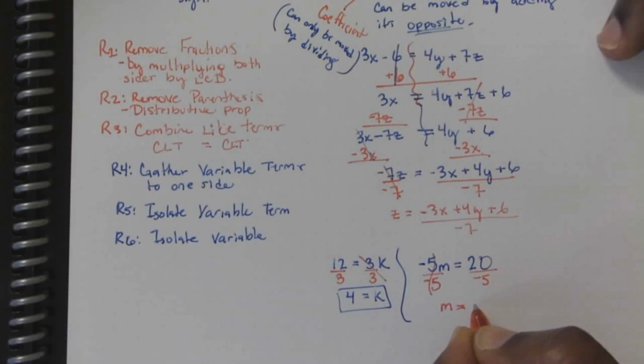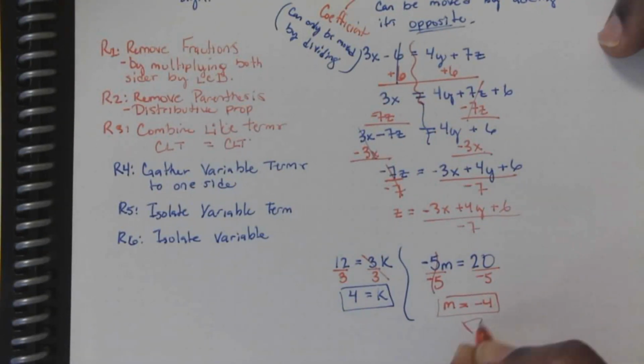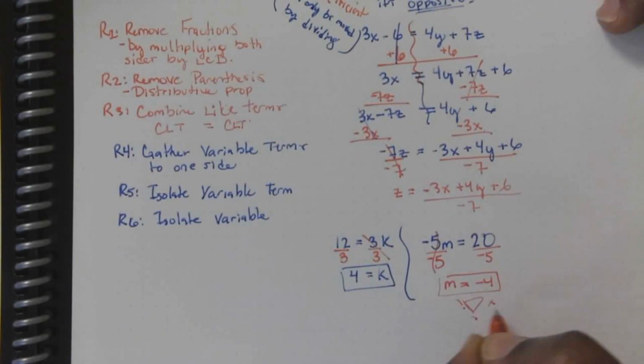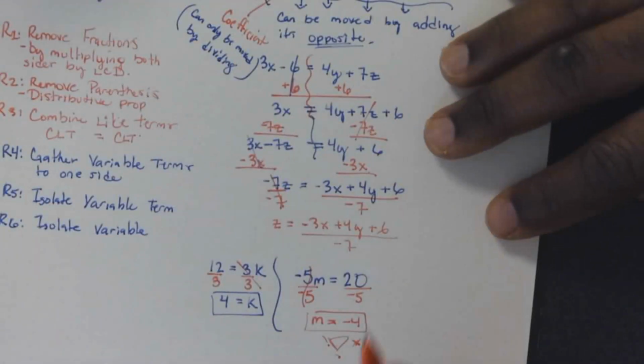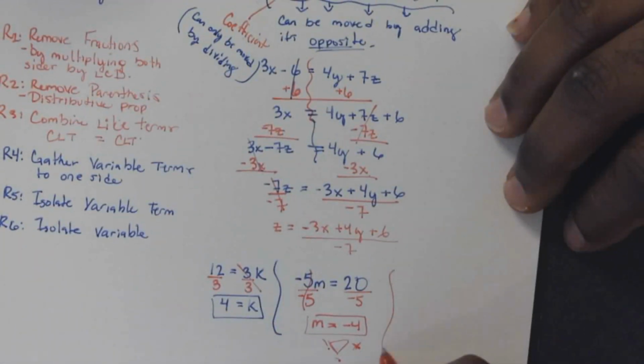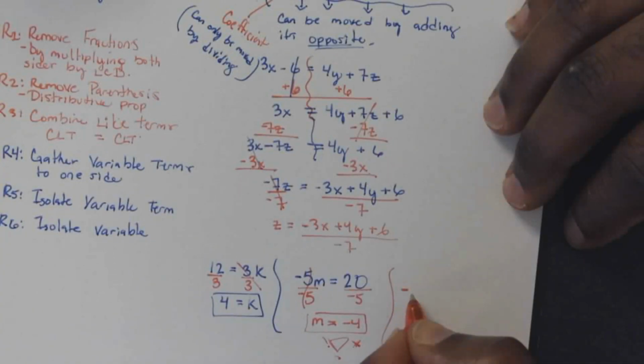What are these -5s going to do? Cancel out. You're left with m is equal to -4. If anybody don't know why, it's because a positive divided by a negative is going to leave you a what? You use a triangle. Positive at the top. Positive divided by negative leaves a negative. All right?